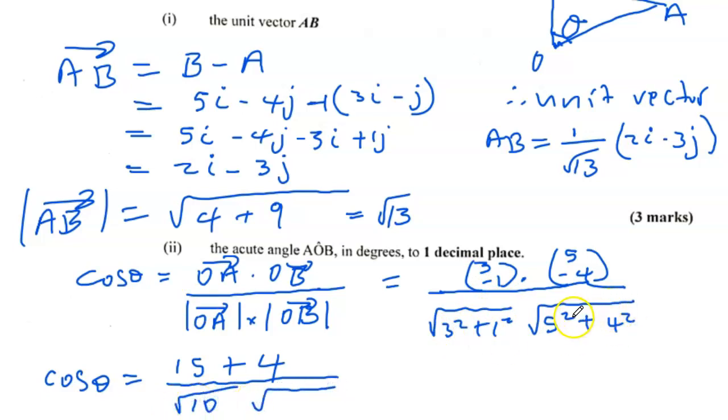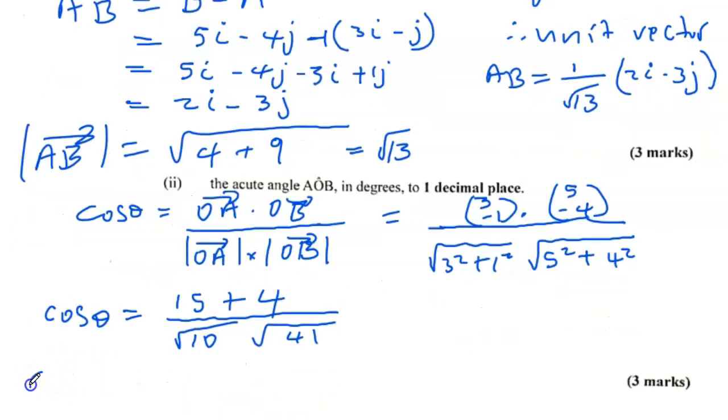And this is 5 squared, 25, plus 16, that's 41, the square root of 41, which means that cos theta would be equal to 19 over the square root of 410.